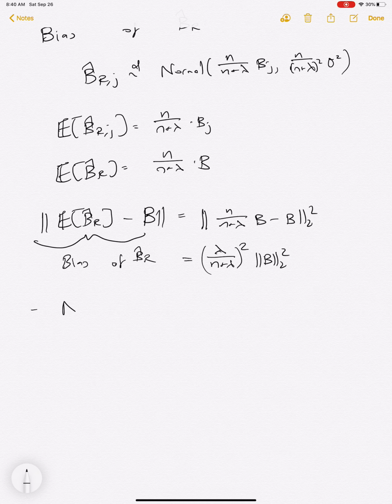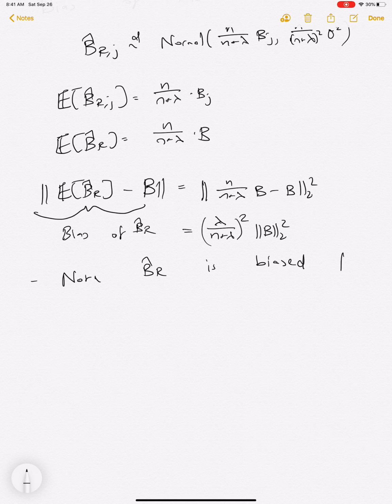So note b hat r is biased, and this is basically an artifact of all regularized estimators. They're always biased because once you add that penalty term, that always biases your estimate in a certain way. So you can clearly see this is biased for lambda bigger than 0.